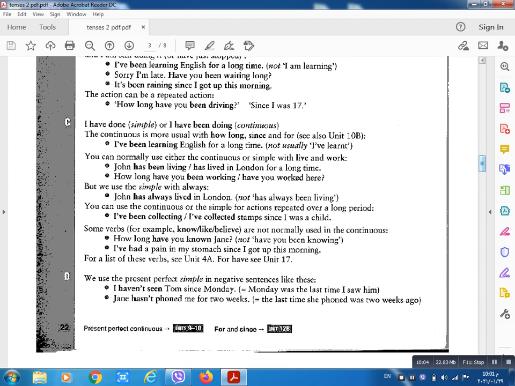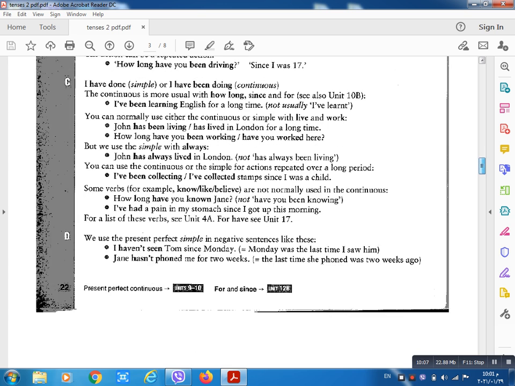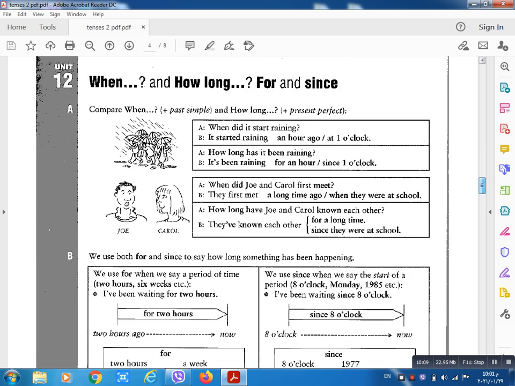12, dear students, teaches us more about the way I use the present perfect and the present perfect continuous, in addition to the difference with the past simple.